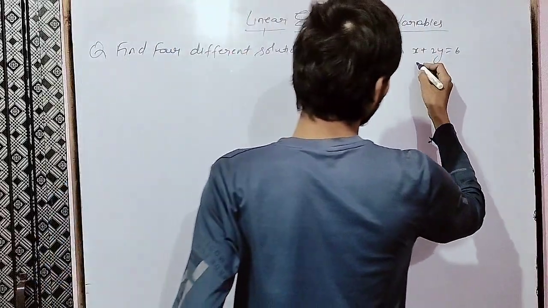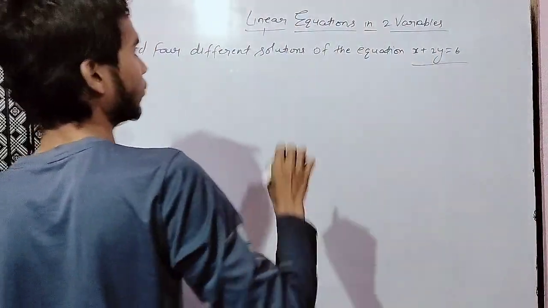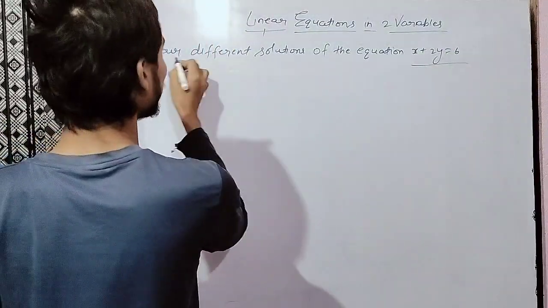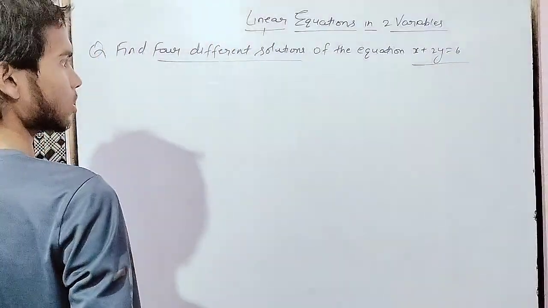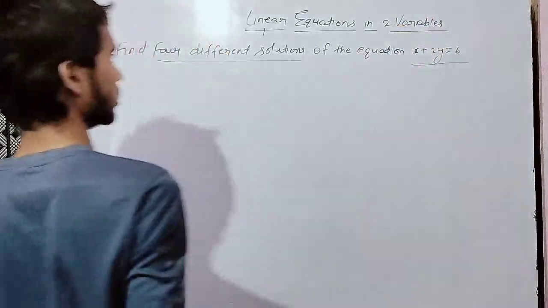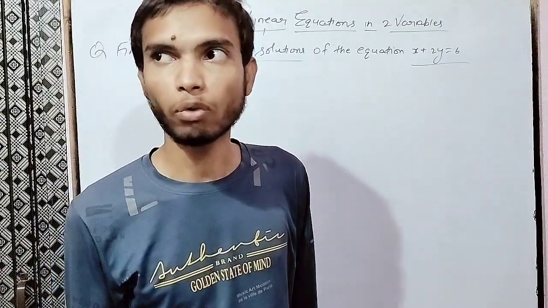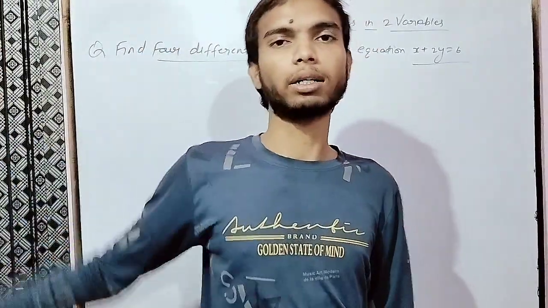This is a given linear equation, and we have to find four different solutions of this given linear equation. And we know that the solutions of a linear equation are infinite.